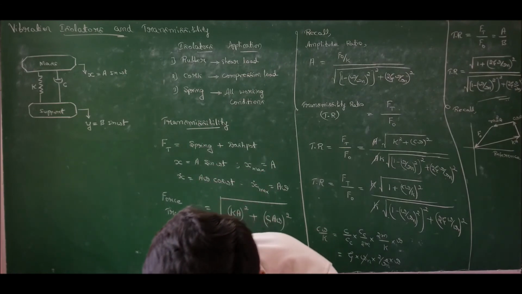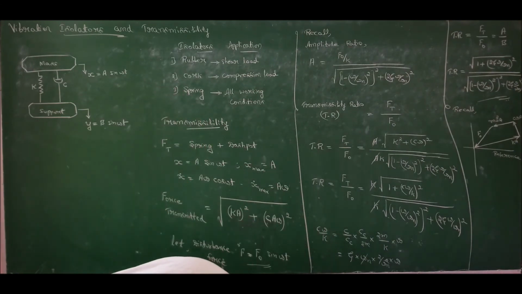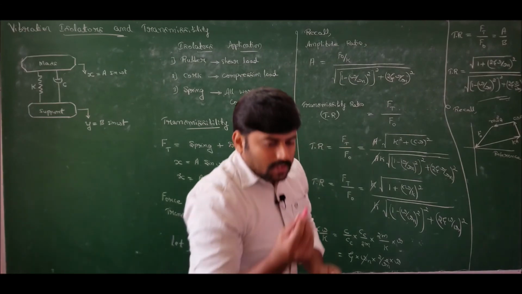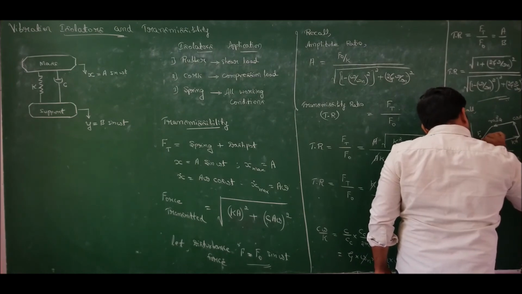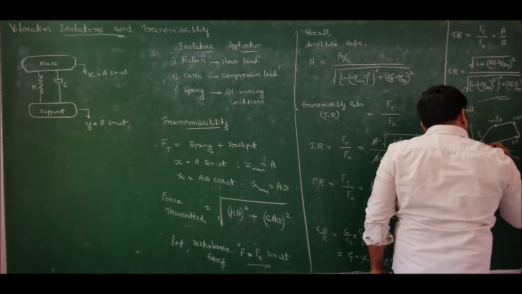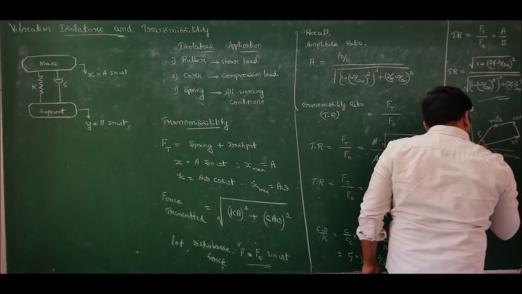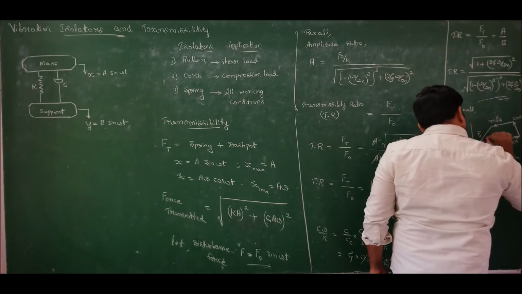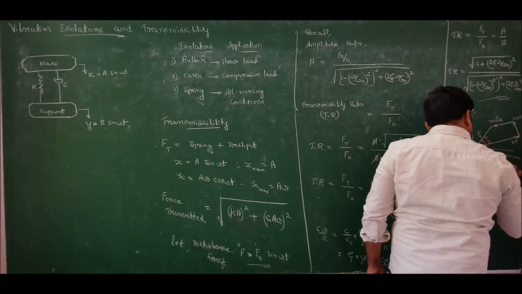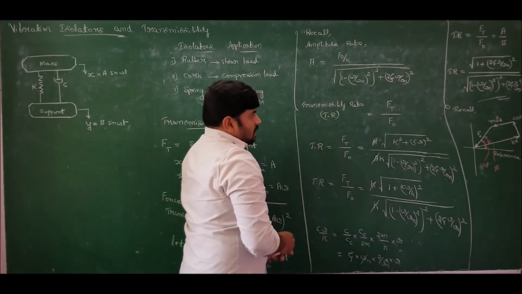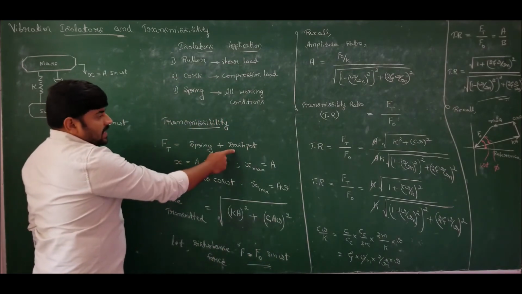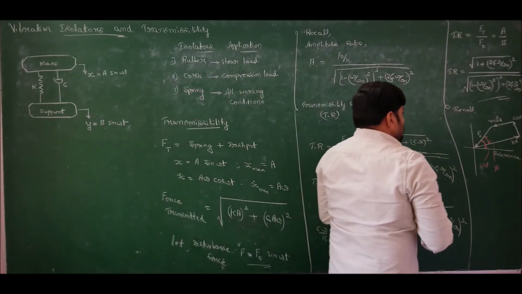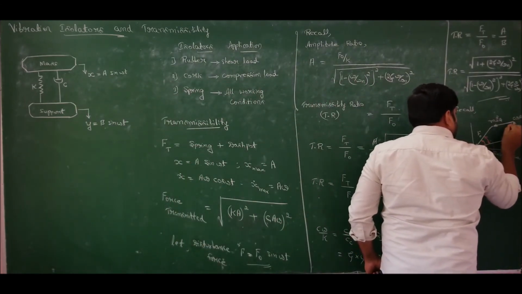So this is what we had. Now if I represent the angles, let me use different chalk. So this angle is already known to me, correct? What is this angle? This angle is omega t, and this angle is already known to me, that is phi, correct? Now what is the transmissibility force? Transmissibility force is the resultant of spring and dashpot only. So for spring and dashpot you connect spring and dashpot, take the resultant.